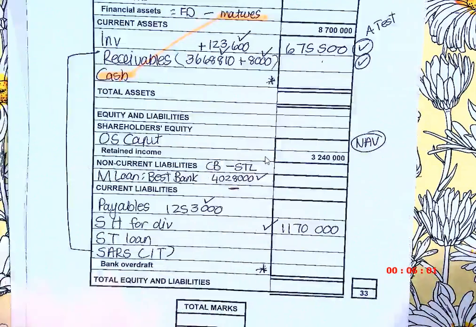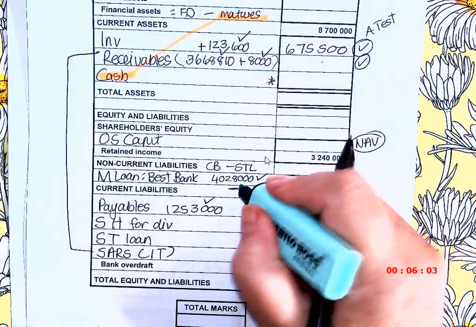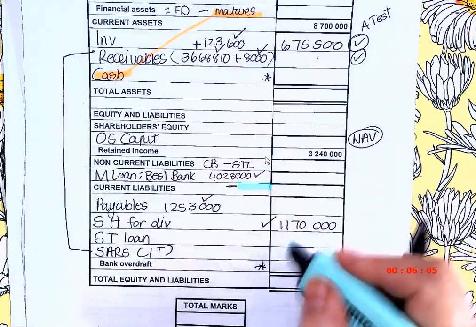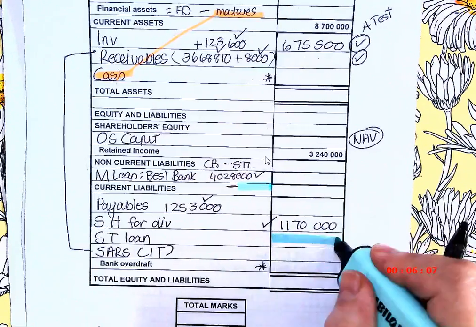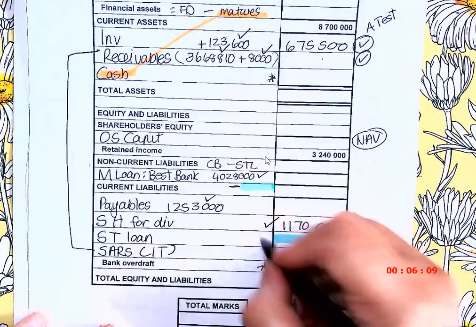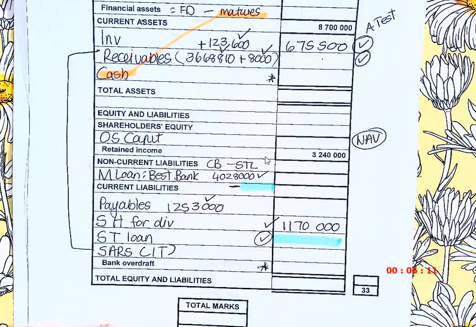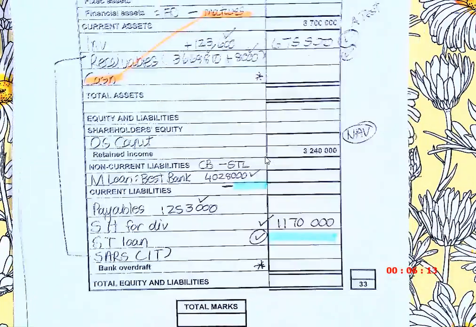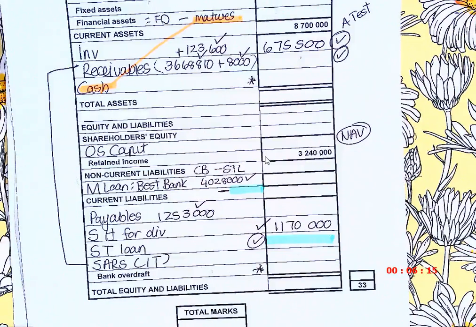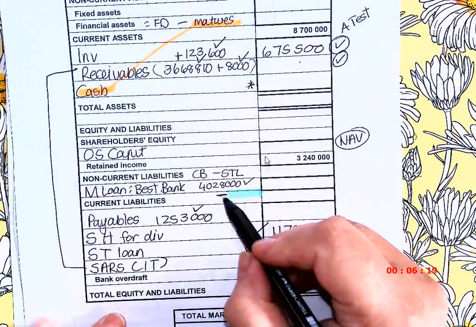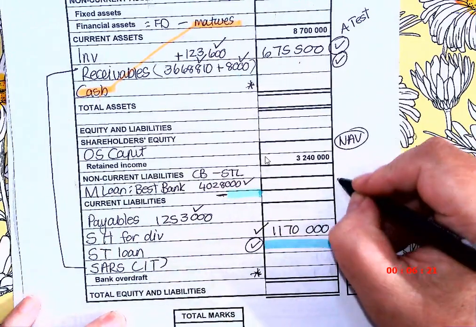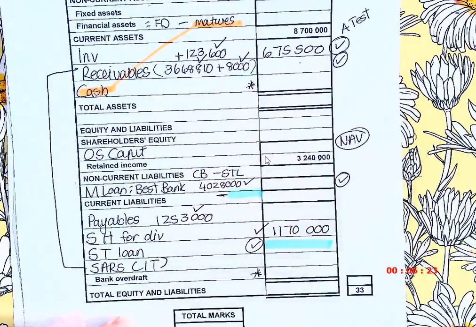And I can tell you this, if I take that amount and I also put it with the short-term loan there, I'm also going to get another tick. This is all just simple principle. And most of the times, because I minus something, I will also get a tick.